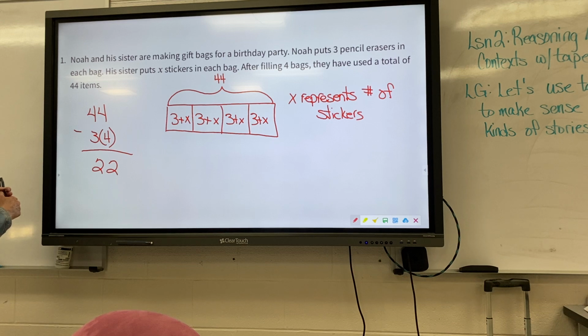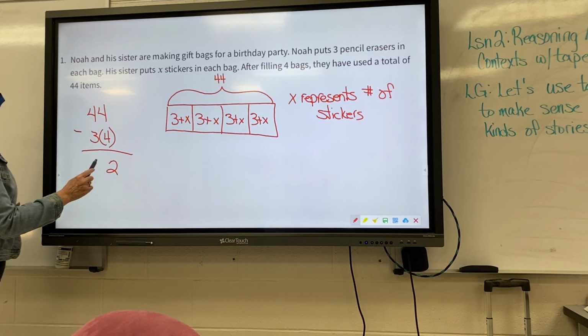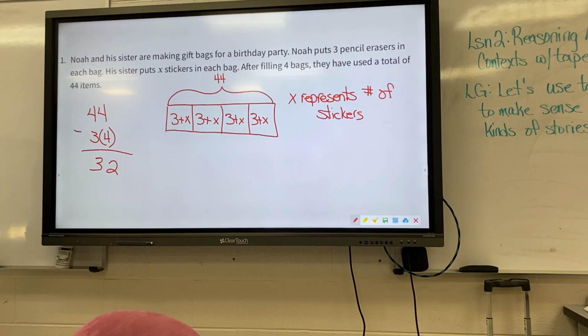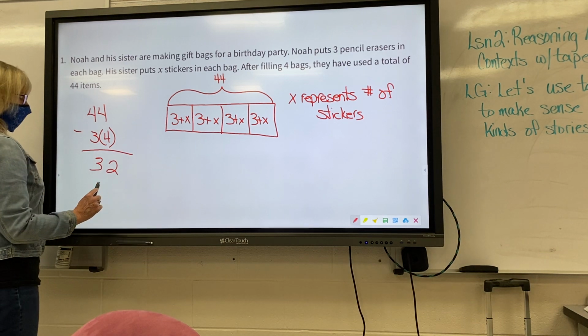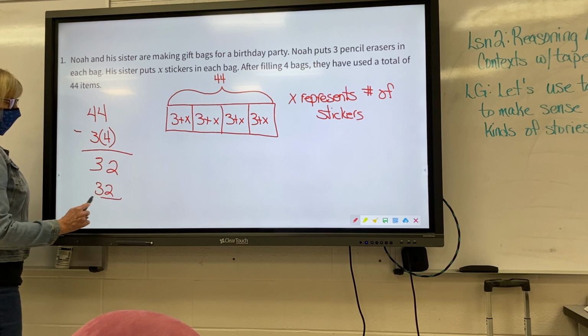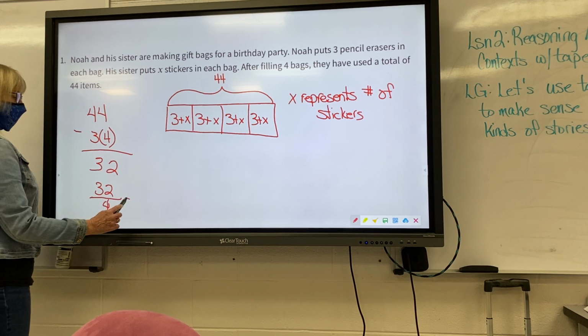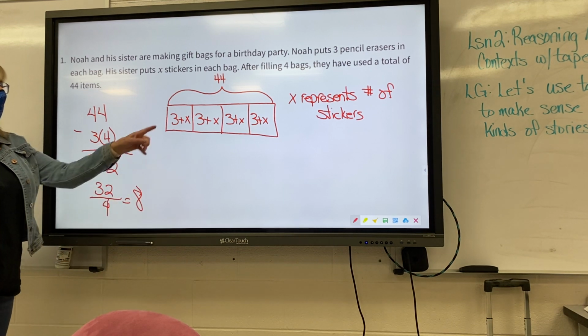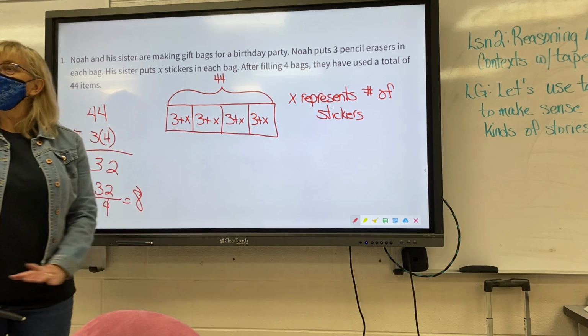Yep. So now we have what left? Divide 32 by 4. Why did you divide 32 by 4? Because there's 4 bags. Because there's 4 X's, right?